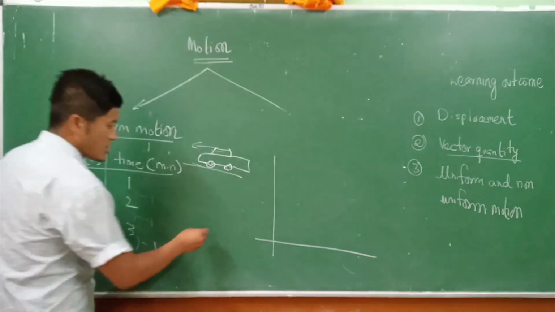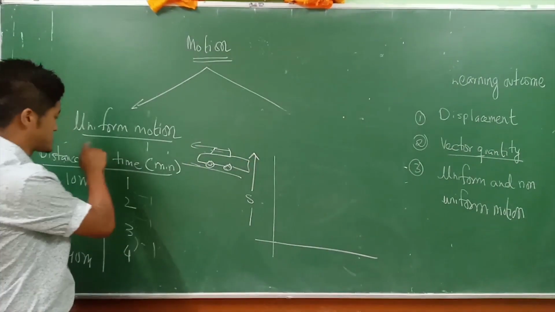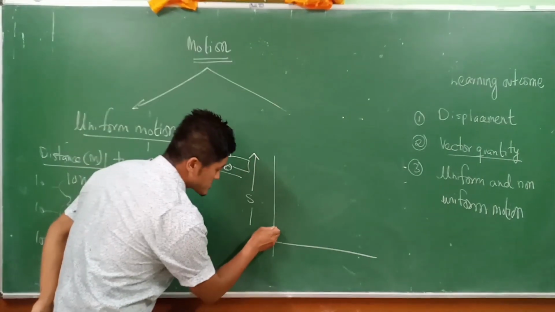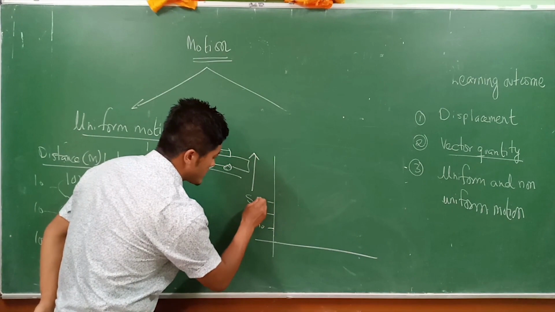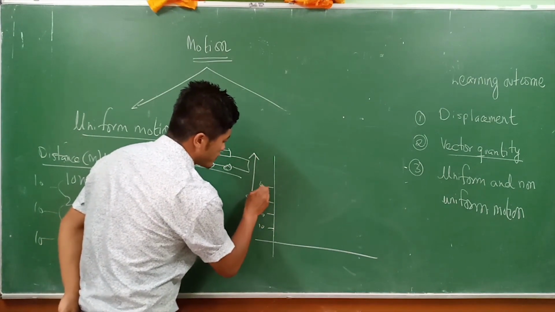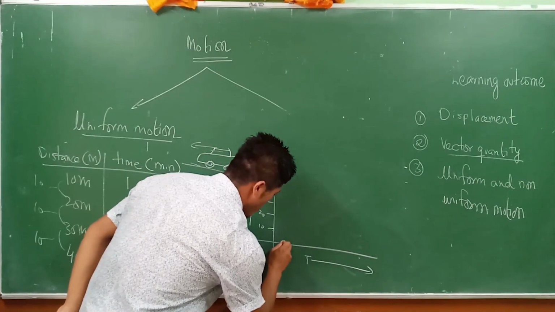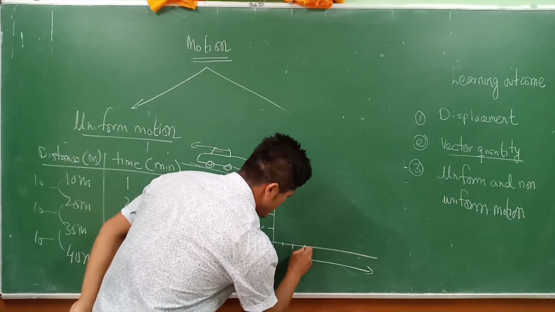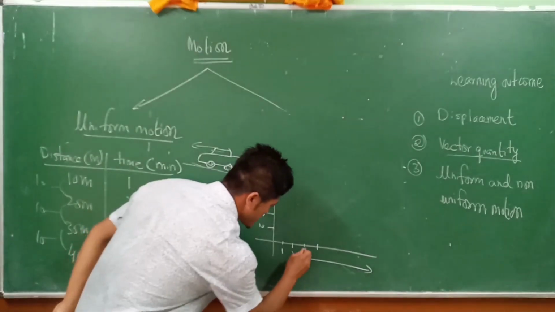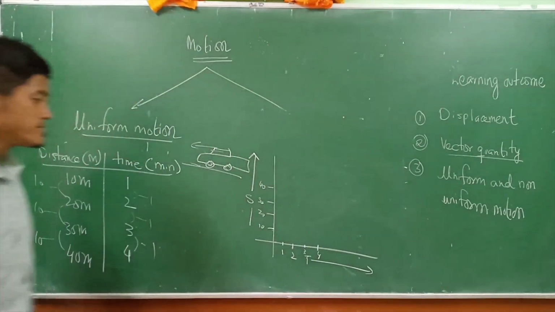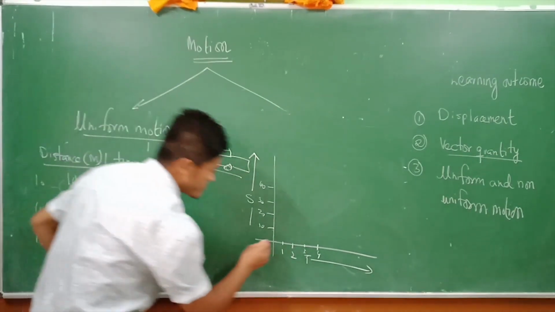Yeah, so I'm going to write the distance in that manner here. This S symbolizes distance, right? Okay, this is 10, 20, 30, 40. Now this is time. This is 1, 2, 3, and 4. So in 1 minute it is traveling 10 meters.